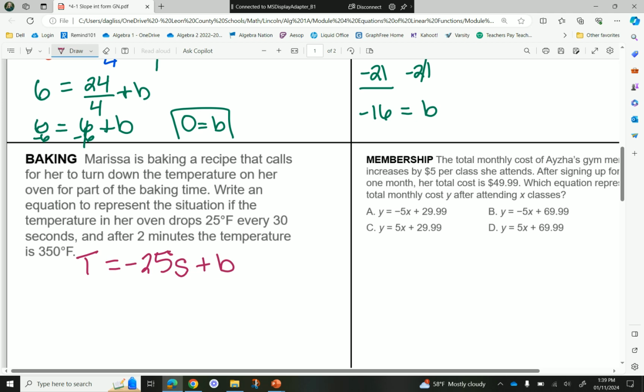How can we do this? It's really 30 times 4, 2 minutes, 60. So it's dropping 25 degrees every 30 seconds, like that.